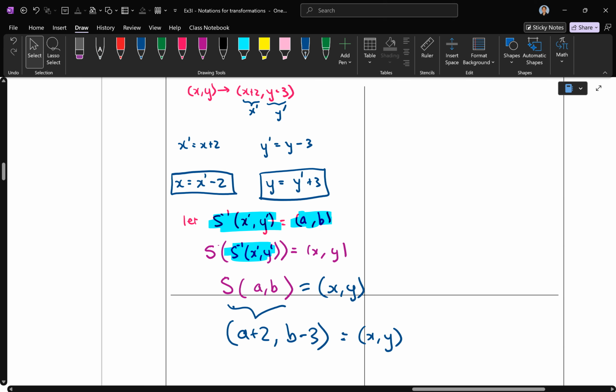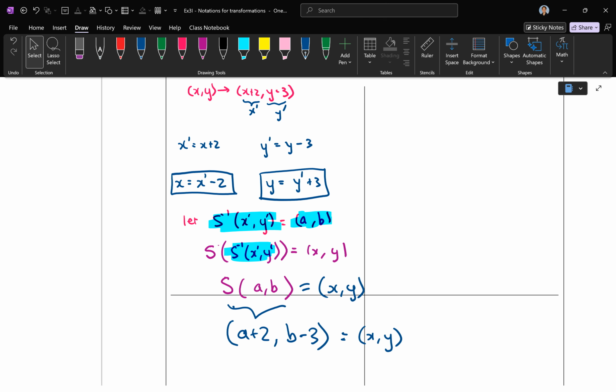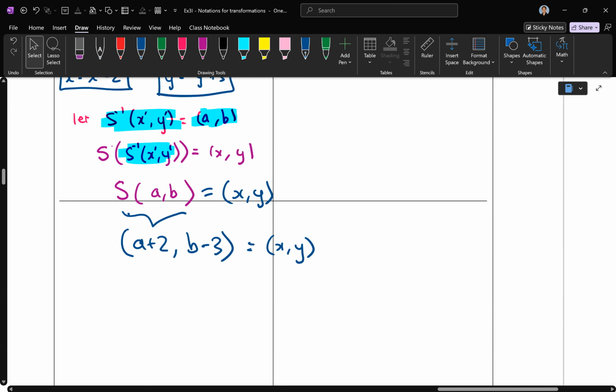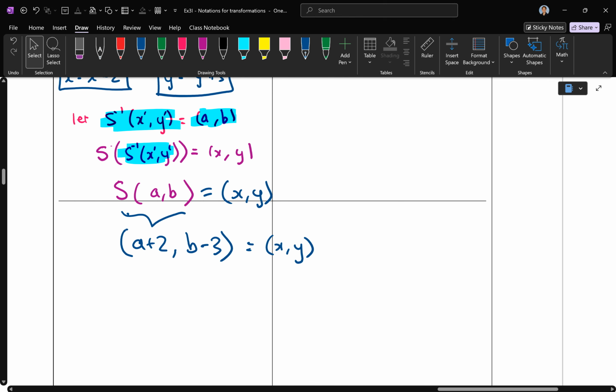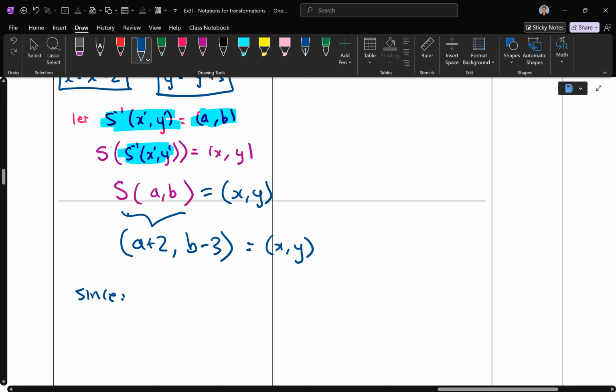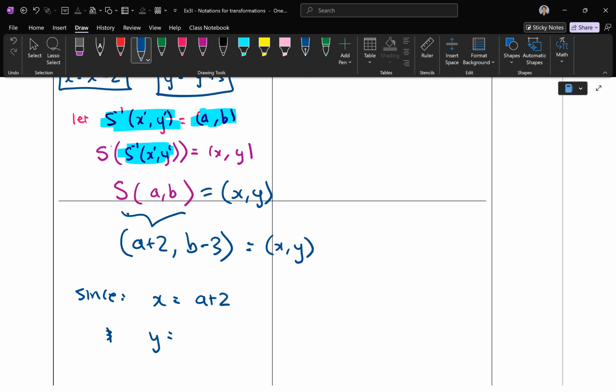Can you see how I've got A plus 2 and that's x plus 2? That's y minus 3 and that's same as that. So it's B minus 3, same idea. Yeah? And all you're doing here is then you can say, since x equals A plus 2 and since y equals B minus 3, remember what you're trying to find is that A and B. You want to know what that transformation is because it's the original x, original y value, right?